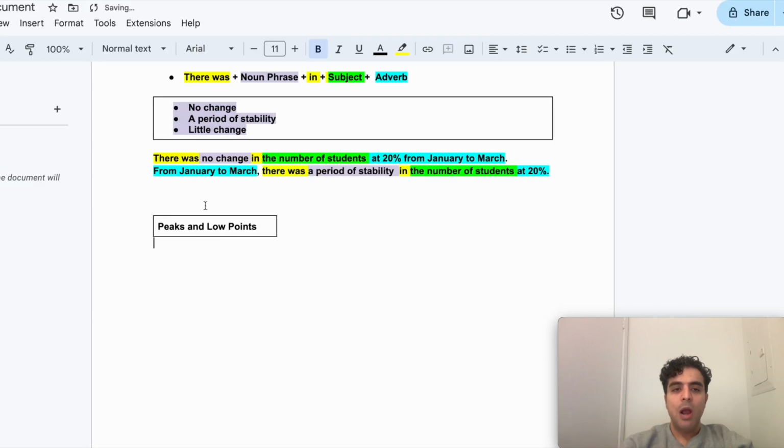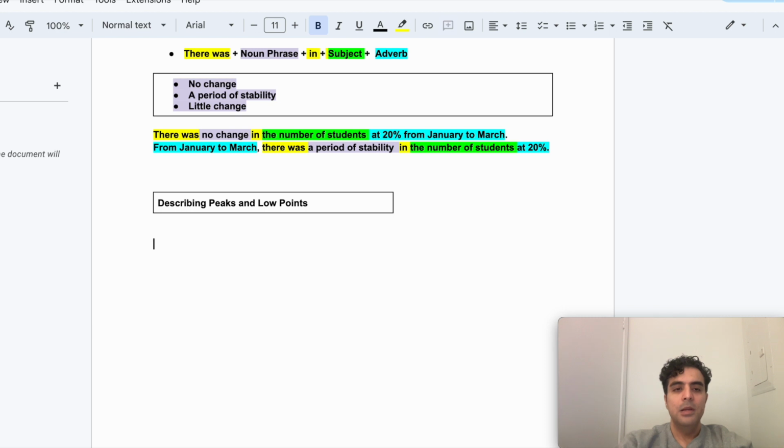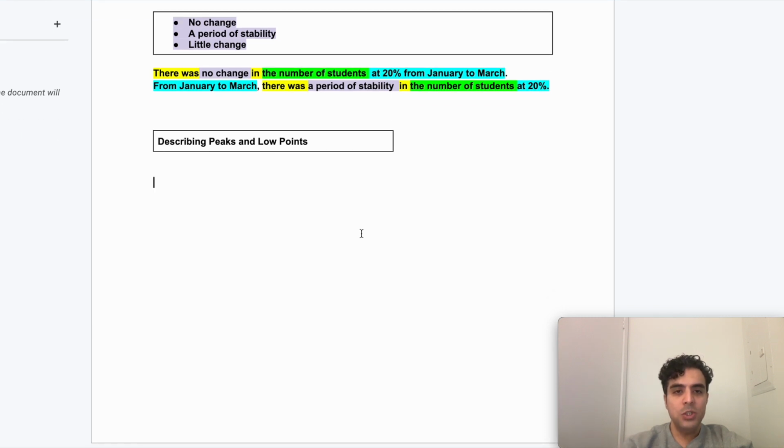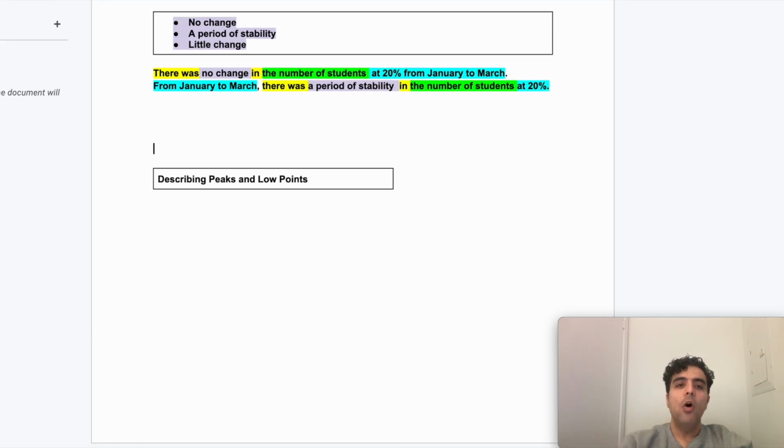So we are describing peaks and low points. All right, so we know what the structure is going to look like, and all we have to do is essentially review the format that goes into the verb phrase construction that we'll be using.